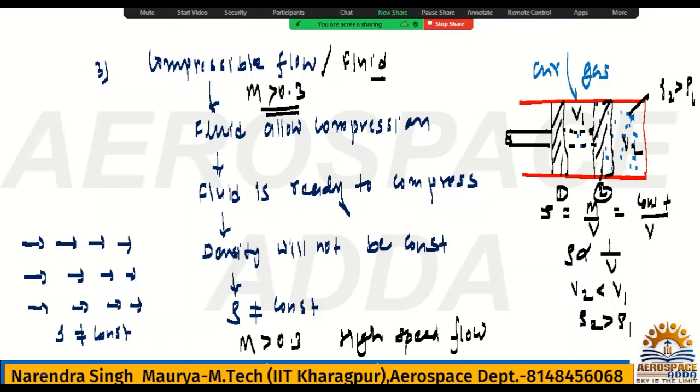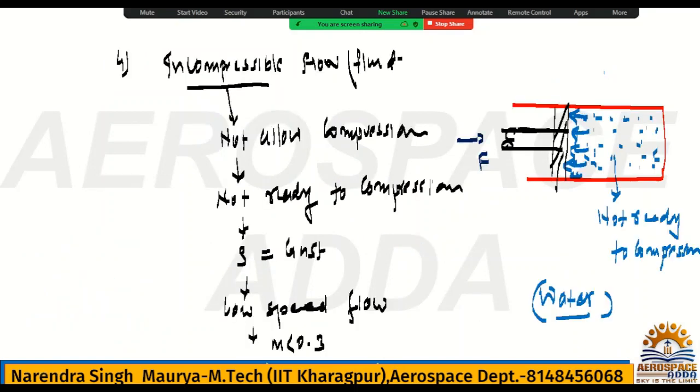But water is always considered an incompressible fluid, because water will not allow compression. It totally depends on one term, which is called bulk modulus. The bulk modulus for an incompressible fluid will be very high, or it approaches infinity.